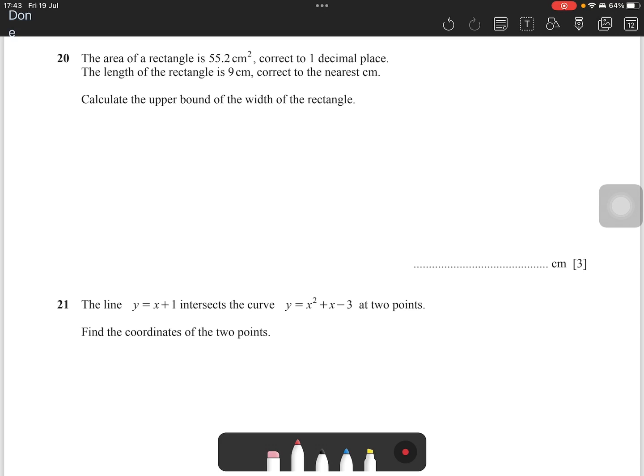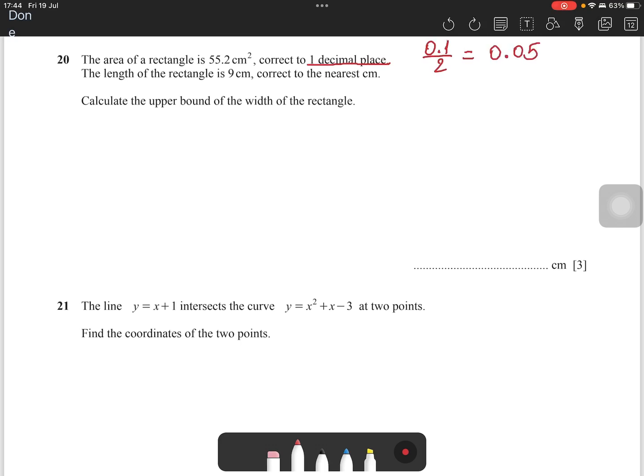Question 20. The area of a rectangle is 55.2 square centimeters, correct to 1 decimal place. So if it is correct to 1 decimal place, we'll divide 0.1 by 2, which is 0.05. And now we'll write the area 55.2.